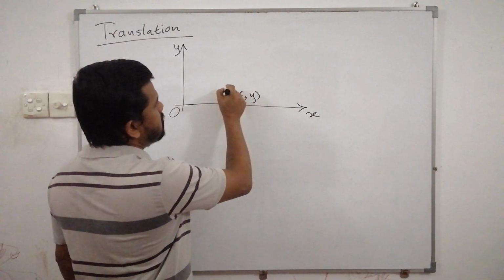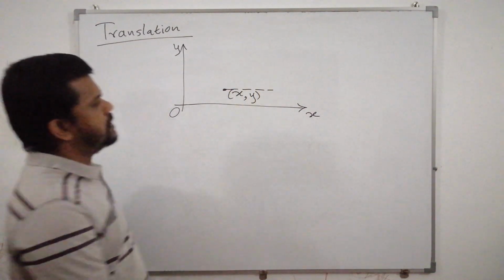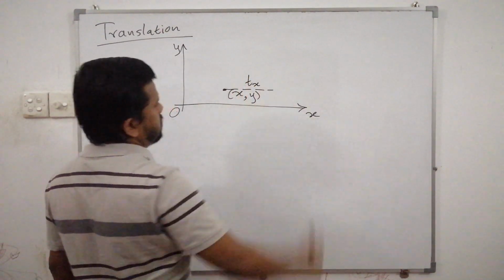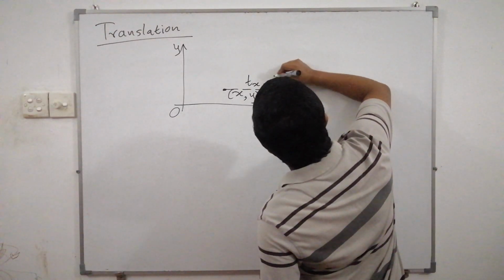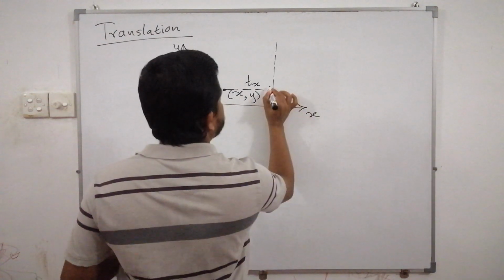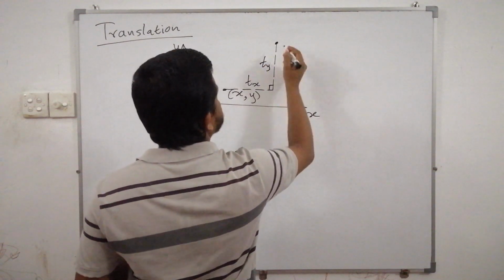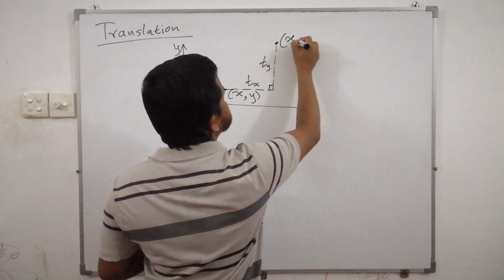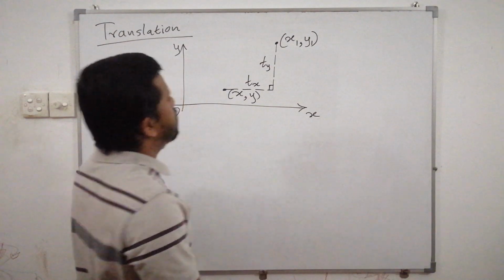Then this point moves along the positive direction of x-axis by an amount of tx, and again along the positive direction of y-axis by an amount of dy, and then this point reaches the position with coordinates x1, y1.